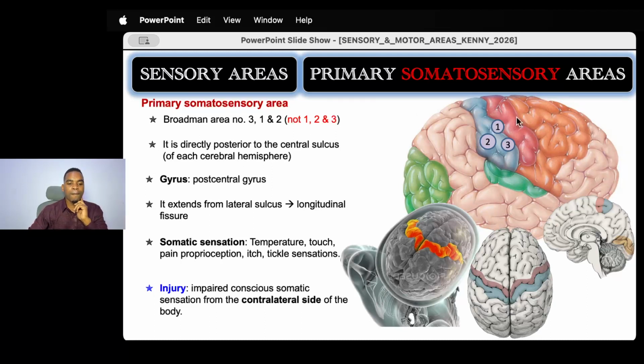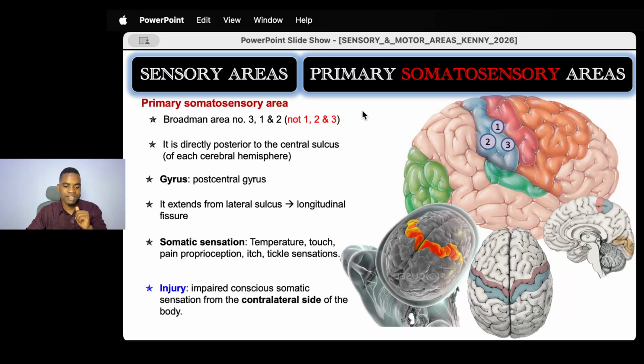So, the primary somatosensory area is receiving somatic sensation from the contralateral side of the body. If this is the right side, then this primary somatosensory area is receiving the somatic sensation from the contralateral side. And what are these somatic sensations? You have temperature, touch, pain, proprioception, itch, tickle sensation. And we are excluding the special senses.